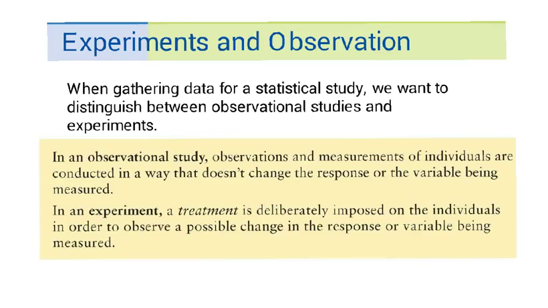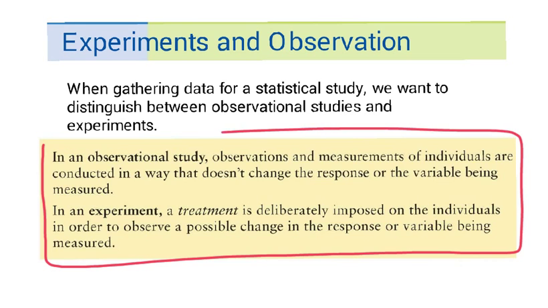When we're developing our study, we need to be clear about whether we are doing an observation or an experiment. So we have a couple of notes to capture here in the yellow section. Okay? If it's an observational study, then we are not doing anything to the people or objects. We're just kind of watching. We're seeing what happens.